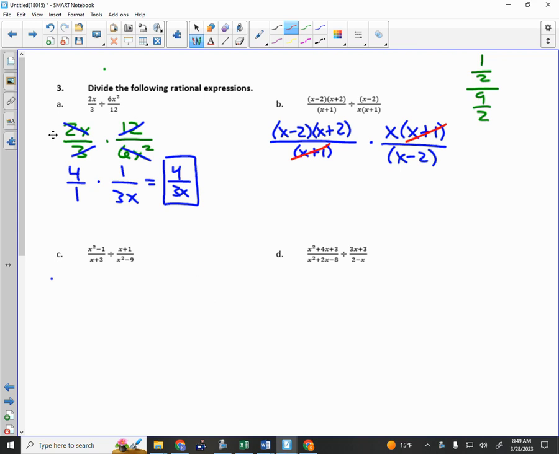My x plus 1s. My x minus 2s. I'm left with an x times x plus 2. So if you know how to factor, which many of you did a pretty good job factoring on your Chapter 3 test, hopefully you can do a pretty good job with this.